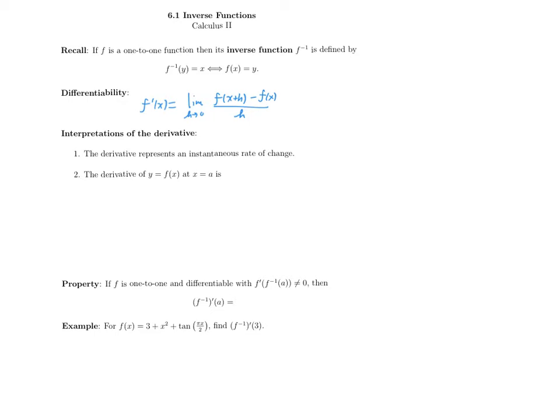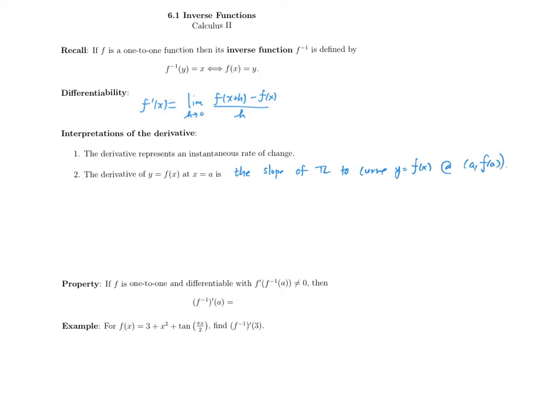The second interpretation of the derivative is that it's the slope of a tangent line at a point. More specifically, the derivative of the curve y equals f of x at x equals a is the slope of the tangent line to that curve at the point a comma f of a.